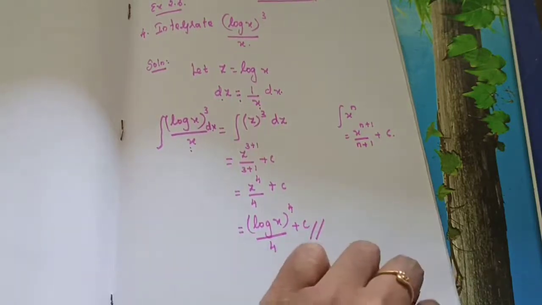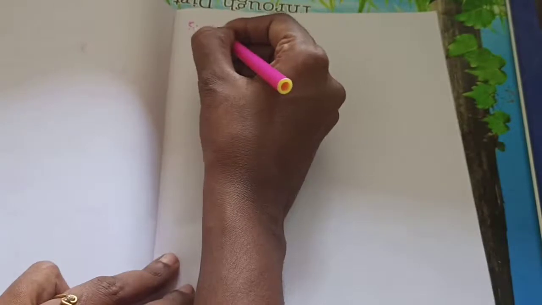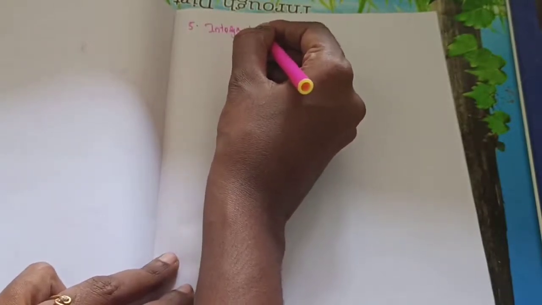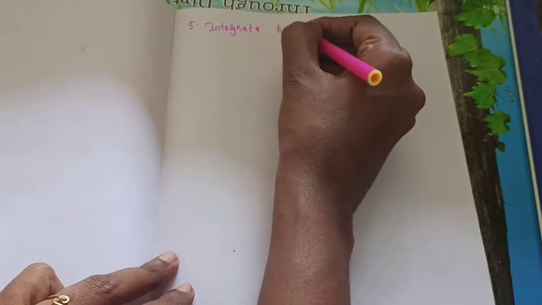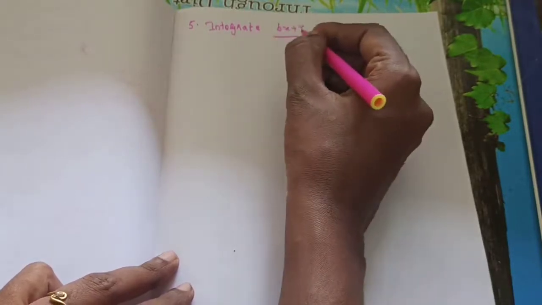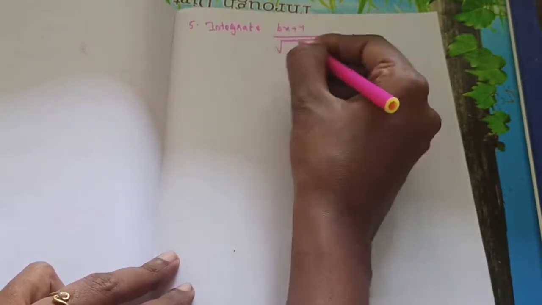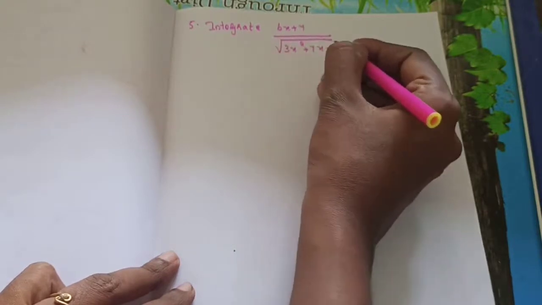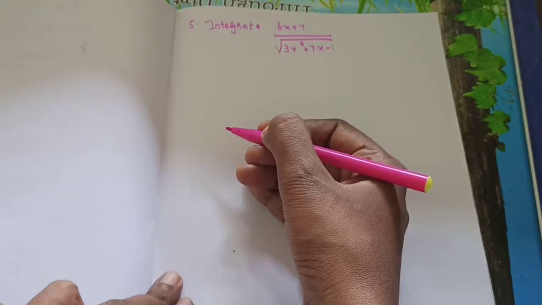Problem number 5. I'm writing the question. Integrate (6x plus 7) divided by the square root of (3x square plus 7x minus 1). So what will we do?